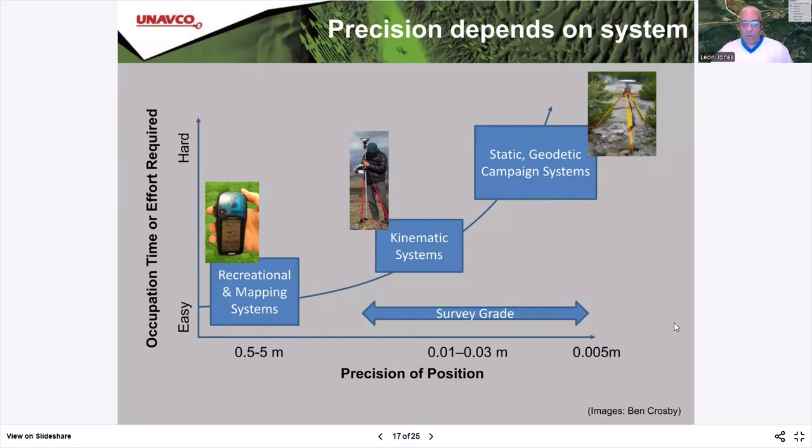It's just giving you the different precise systems. Now, you see this one right here, it's static, 0.005. You're dealing with meters. That is definitely precise.